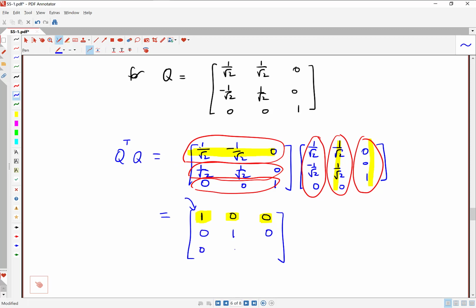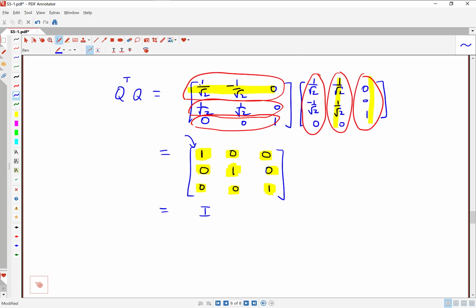And in the bottom, we get 0, 0, 1. So the 1s on the diagonal say that our vectors are all normalized, and the zeros in the off-diagonal positions say that each vector is orthogonal to all of the other vectors. So that's why saying Q transpose Q equals I is exactly the right condition to say that the matrix Q is orthogonal.